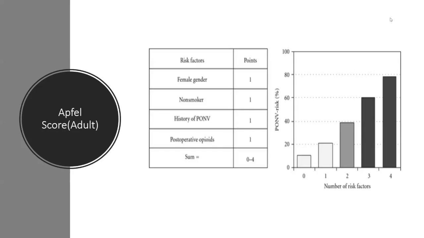Each of the risk factors accounts for 1 point. Once a patient has 1 point, it's equivalent to about 20% risk of having postoperative nausea and vomiting. Then with 2 points, it's about 40%. So it's almost like double the number of risk factors.